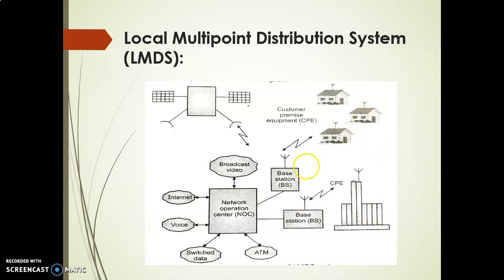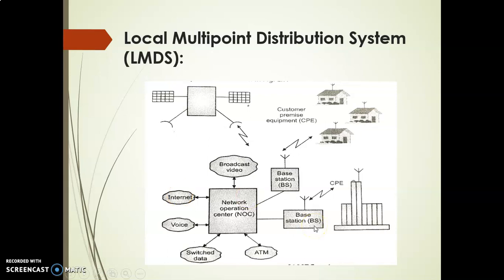Here you can see there is a Network Operation Center, NOC. This Network Operation Center is the one local point which is connected to the many points. Like here you can see NOC is connected to the broadcast video, base station, ATM, switched data, voice and internet.